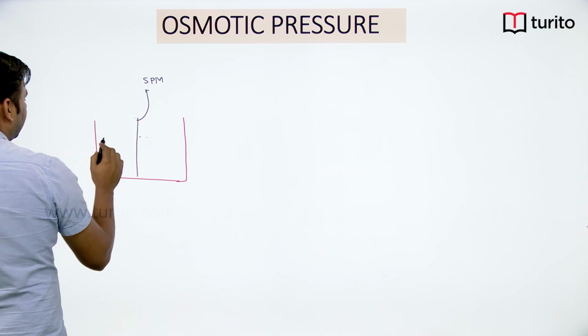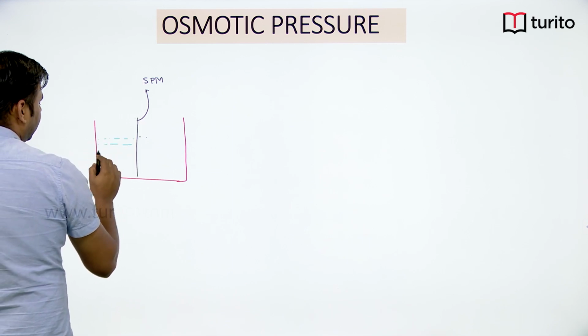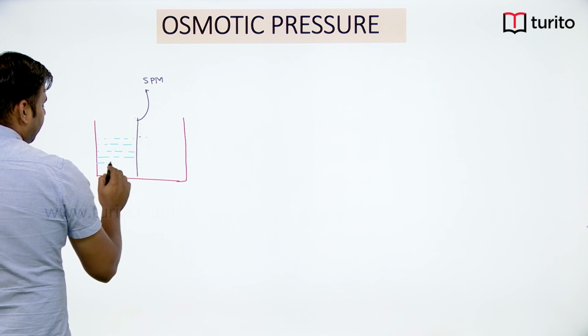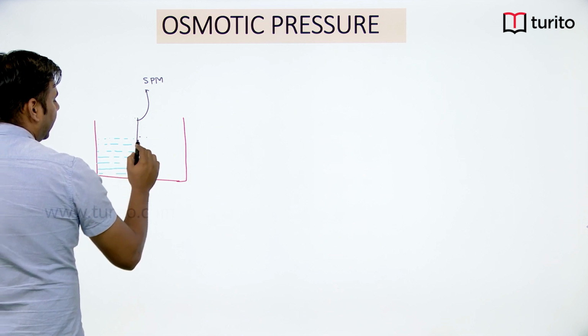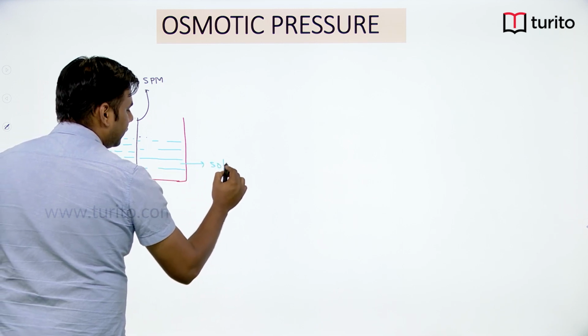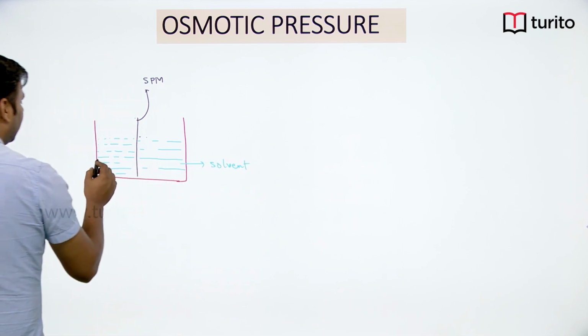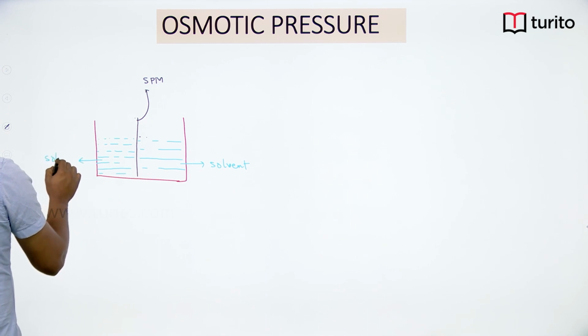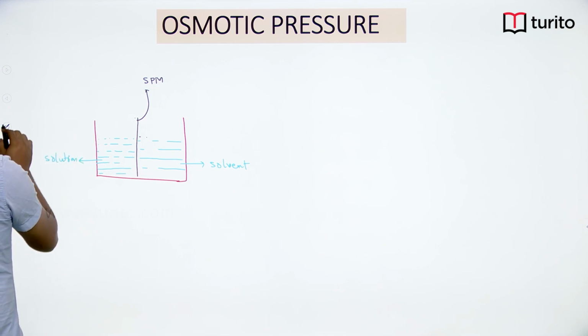One is filled with the solution, another is filled with the solvent. So you can clearly see that only the solvent particles move and the solute never moves. Only the solvent can move through a semi-permeable membrane.